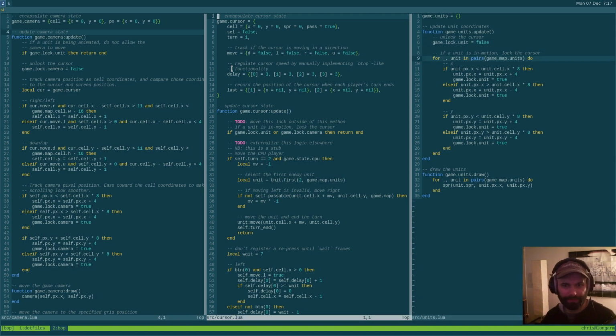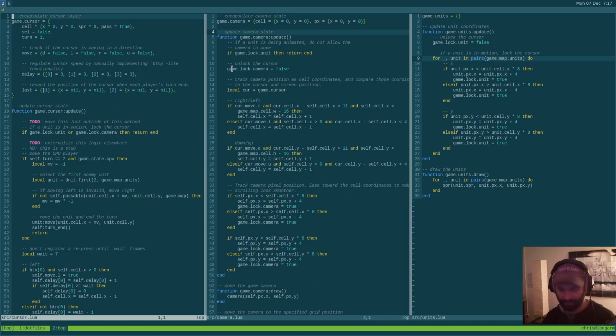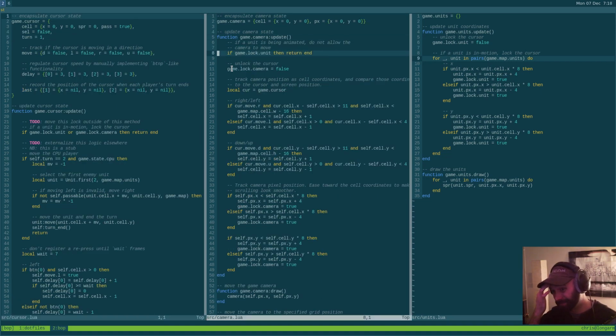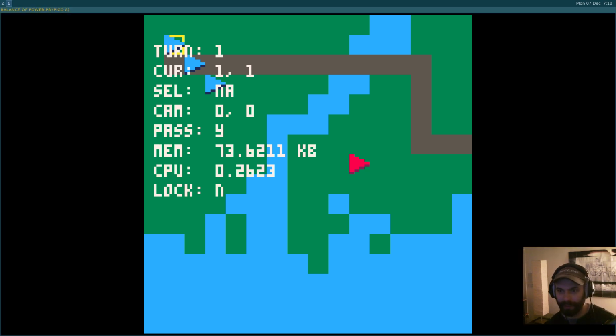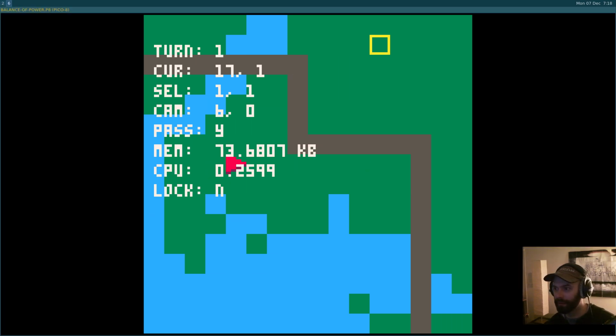So let's see. If game.unit.lock, and then, so this is our lock that prevents the camera from moving before the unit's movement is finished. Let's comment that out and just make sure of that, but I'm pretty sure it's right.